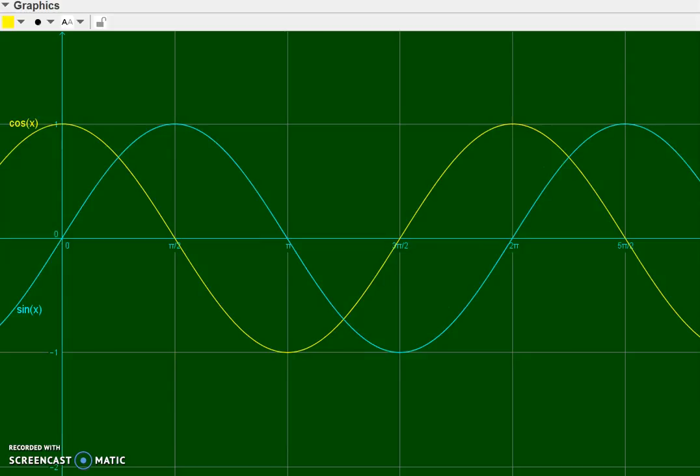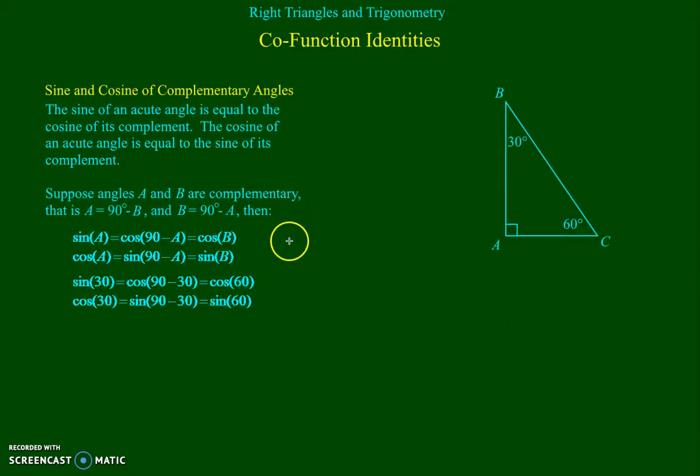And that's the reason that in our previous examples, we got the same numbers when we used the complementary angle and the different function, that is, when we used the complement of the acute angle and the cosine versus the original angle and sine. So they are complements of each other. Now that idea sets up the cofunction identities.